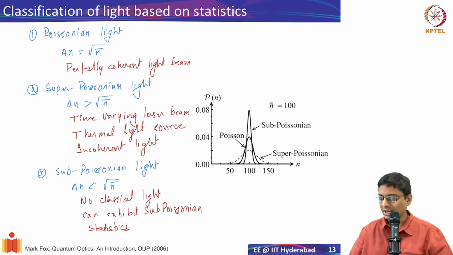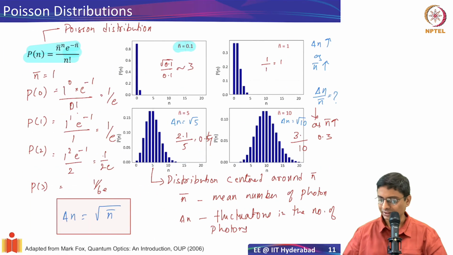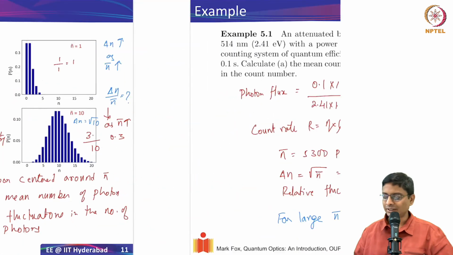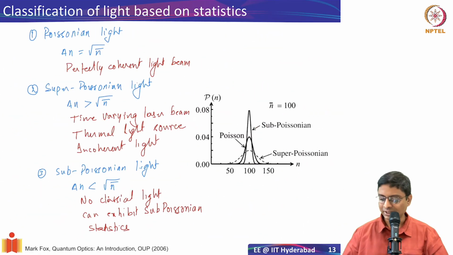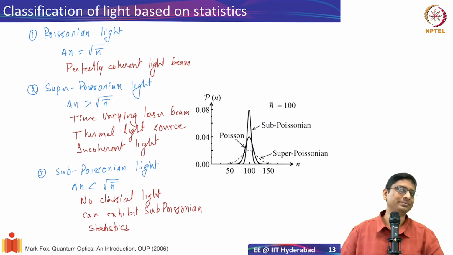Okay. I mean, if you look at the distribution, it's obvious already. We saw the distribution right here. In this case, if you have a distribution like this, the center is basically this. The width of that distribution is the fluctuations, right? Delta n roughly. So you can see that if you have a Sub-Poissonian light source, you'll have a very, very sharp output, right? This is Sub-Poissonian here because the width is very small. So Poissonian is this solid line. Super-Poissonian is broader than the Poissonian statistic. Sub-Poissonian is sharper than that for the same average photon number.